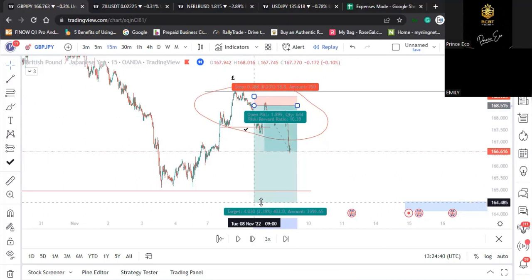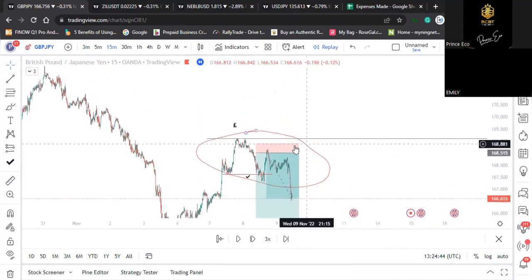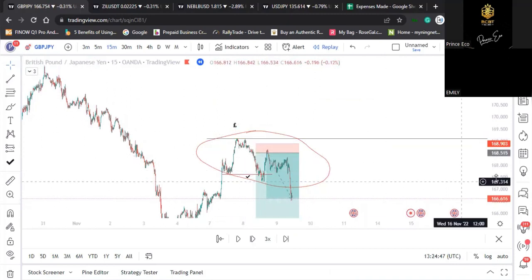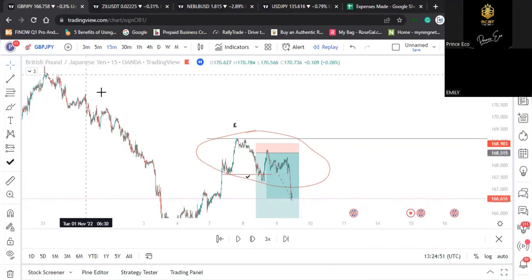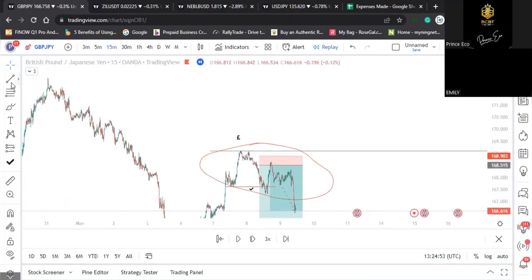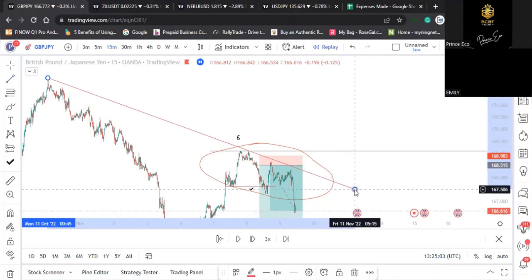Let's see. Now I'm targeting this point. Mind you, I said I'm going to take this trade with fib and psychological level, and with a touch of structure, that's the market direction. Structurally speaking, it is bearish. Look at it.